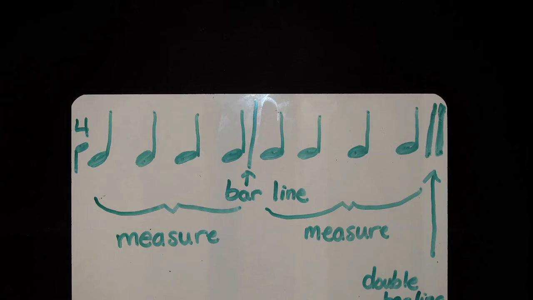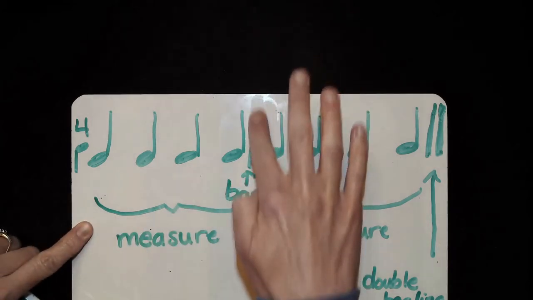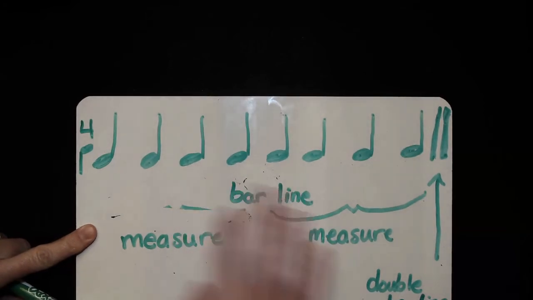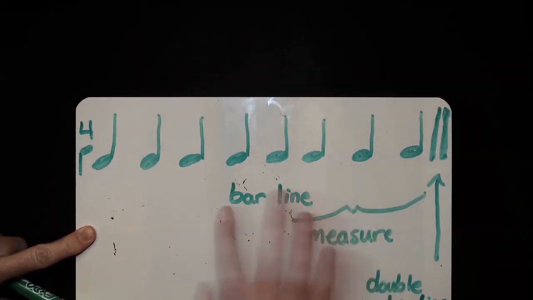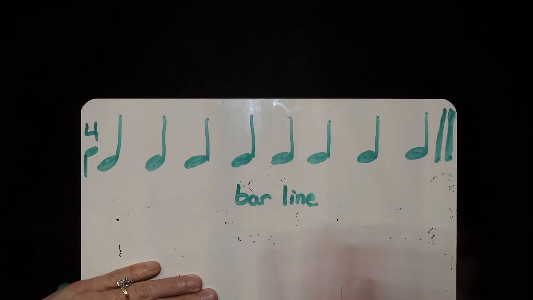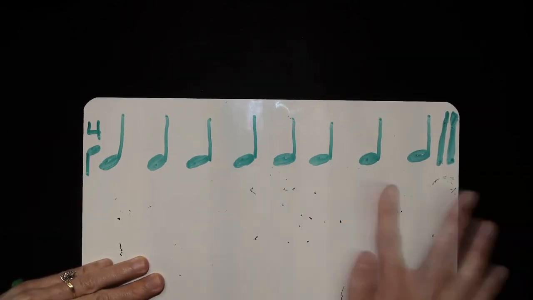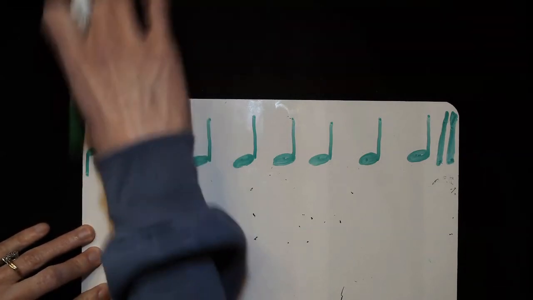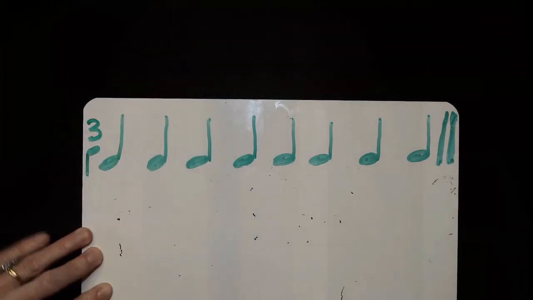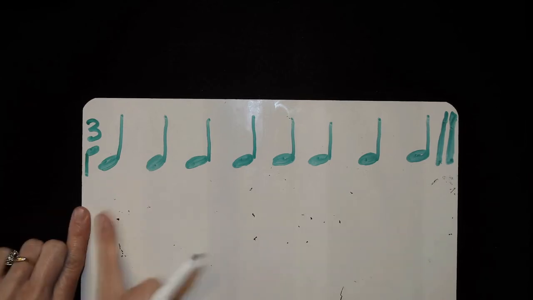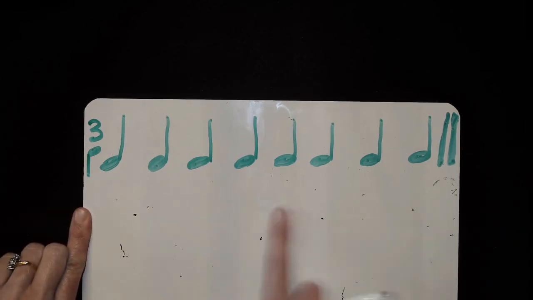So let's do this. Let me erase this bar line. And let's break it up into groups of 3 instead. Okay, 3 groups of tas or quarter notes. 3 beats when we group the beats together.